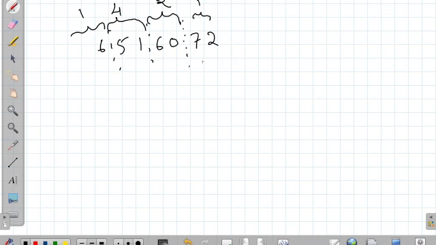So 72 leaves a remainder of 2 with 7. 60 leaves a remainder of 4 with 7. 51 leaves a remainder of 2 with 7, and 6 leaves a remainder of 6.